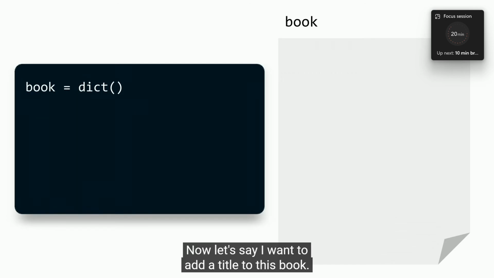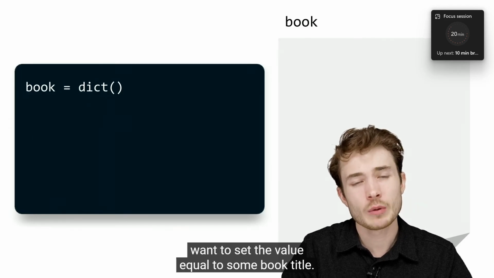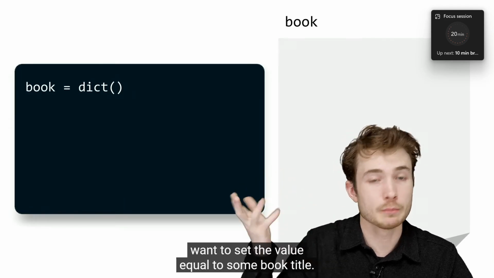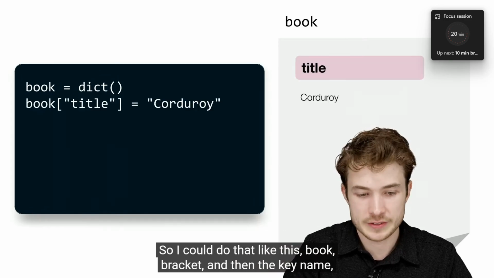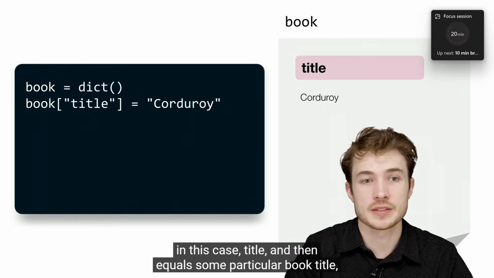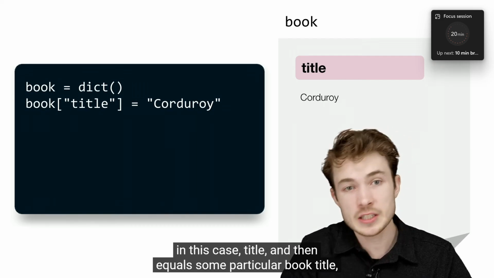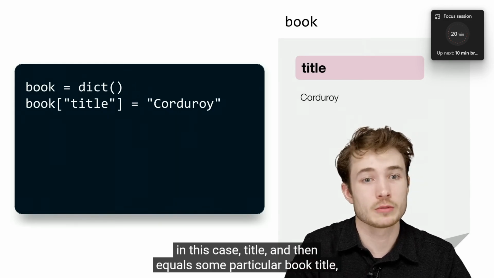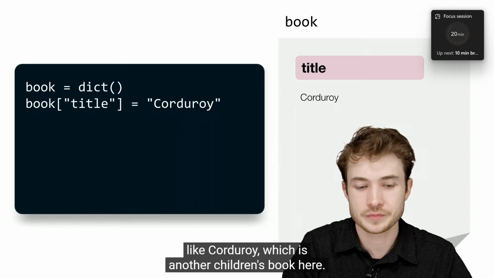Now let's say I want to add a title to this book. Well, I want to add a key called title, and I want to set the value equal to some book title. So I could do that like this: book bracket, and the key name, in this case, title, and then equals some particular book title, like Corduroy, which is another children's book here.